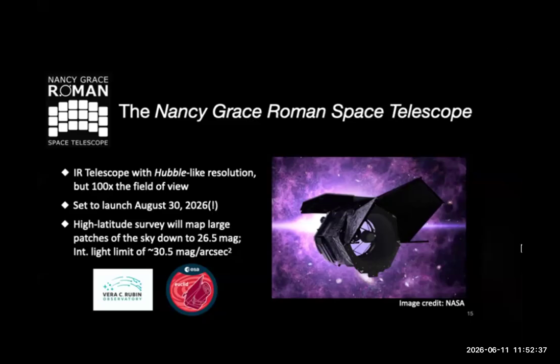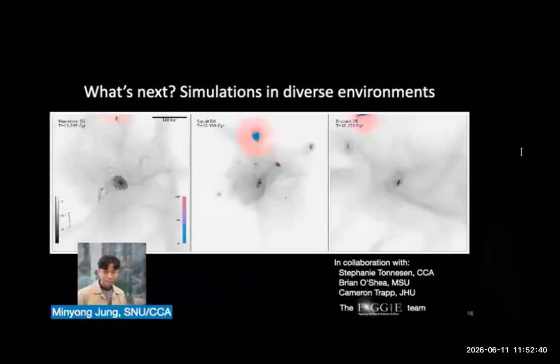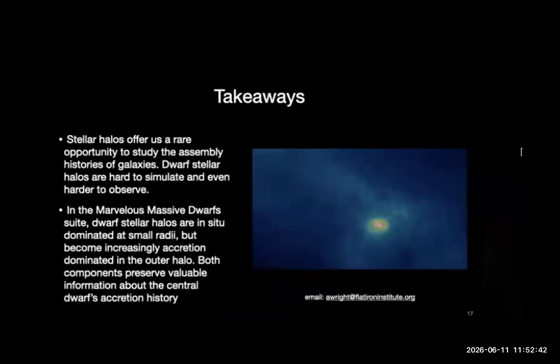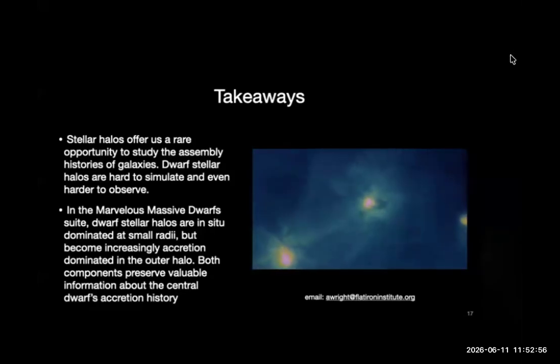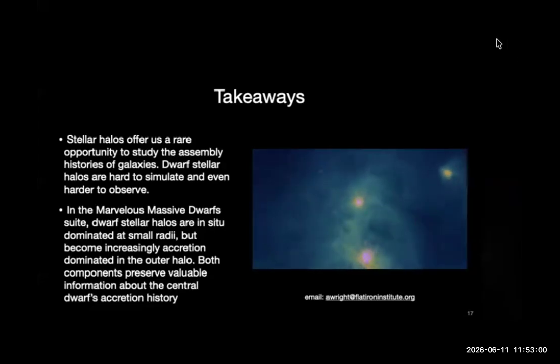And I don't have much time left, so I'm going to skip over all this stuff, but I'll throw my takeaways up here. So the main thing is that stellar halos offer us a really unique opportunity to study the assembly histories of galaxies that we really just don't get anywhere else. And so I'm really, really optimistic about our ability to study the stellar halos of dwarf galaxies over the next decade and learn a lot more about their assembly histories that way.